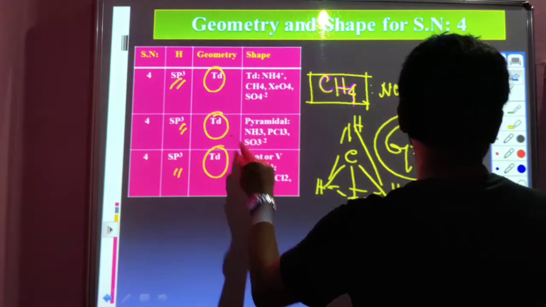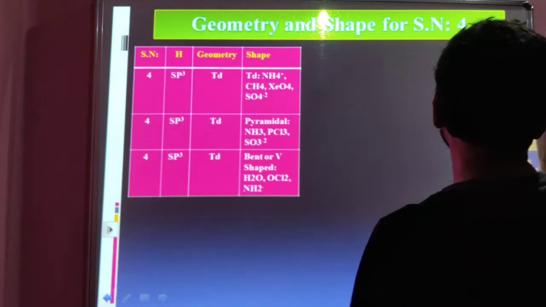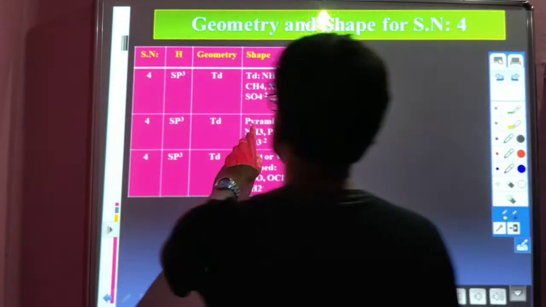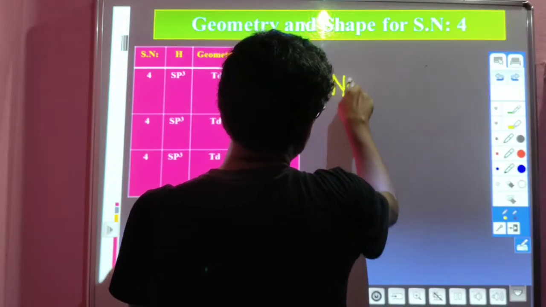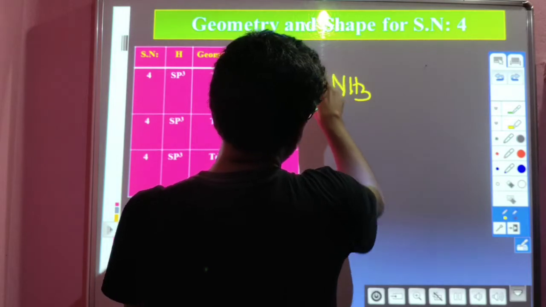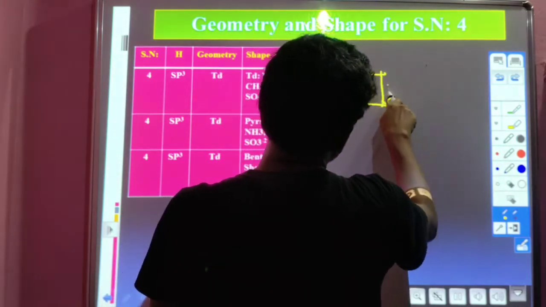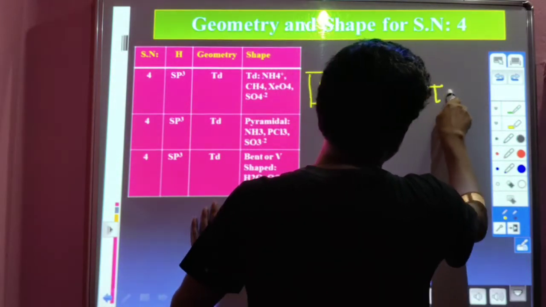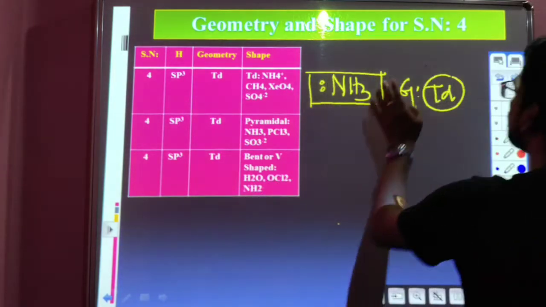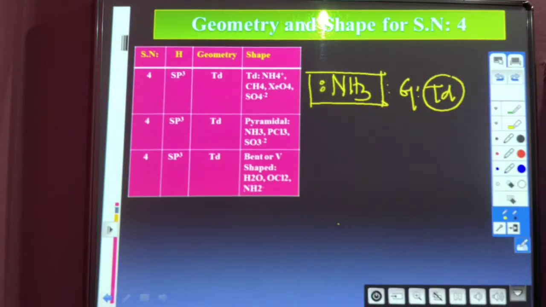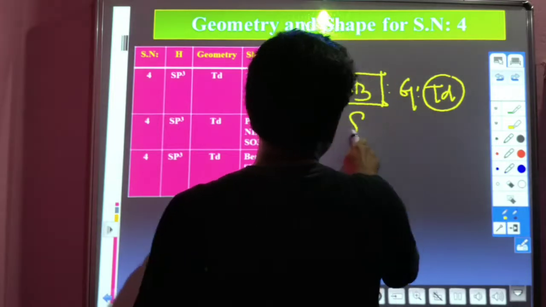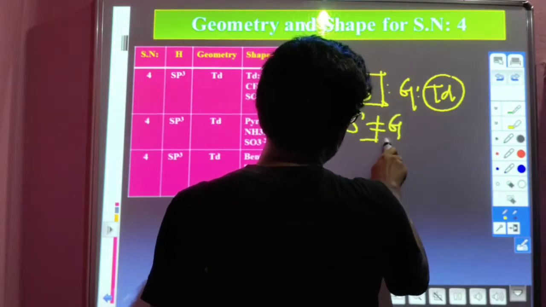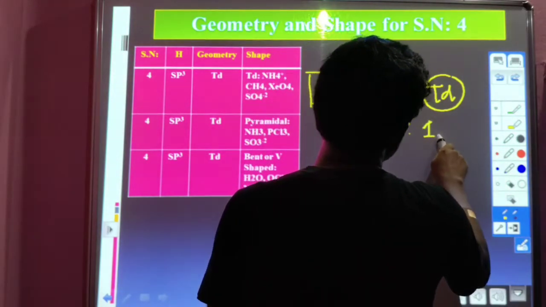In case of this one, say NH3. In case of NH3, geometry is tetrahedral. But here shape is not equal to geometry. Why? Because one lone pair is present.